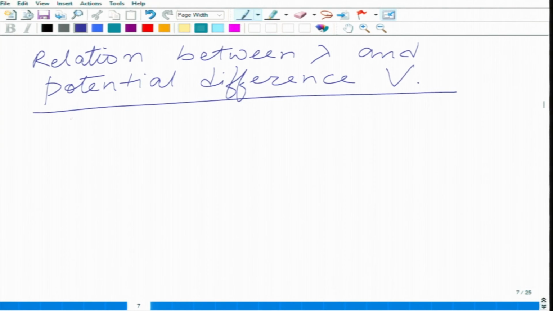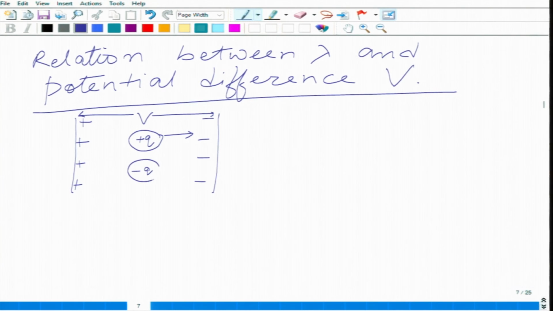So, suppose these are two plates with opposite charges, and let's consider the potential difference between them is V. Now, if there is a positive charge, then it will move towards the negatively charged plate, and if we have a negative charge, then it will move towards the positively charged plate.